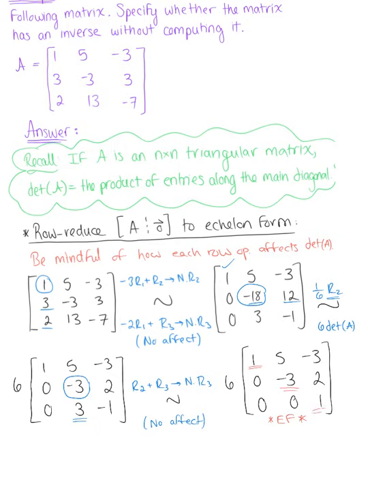So we can conclude now, using our theorem and properties of the determinant, that the determinant of matrix A is equal to 6 multiplied by the product of the entries along the main diagonal, which is 1, negative 3, 1, for a beautiful final answer of negative 18.